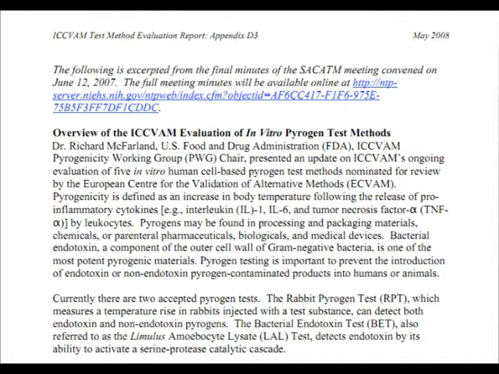The bacterial endotoxin test, also referred to as the Limulus amebocyte lysate test, detects endotoxin by its ability to activate a serine protease catalytic cascade. We'll look at that test a little bit later on, but unfortunately it's not a total non-animal test because you have to get the blood from a horseshoe crab.